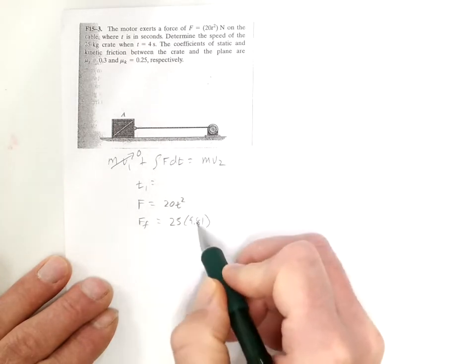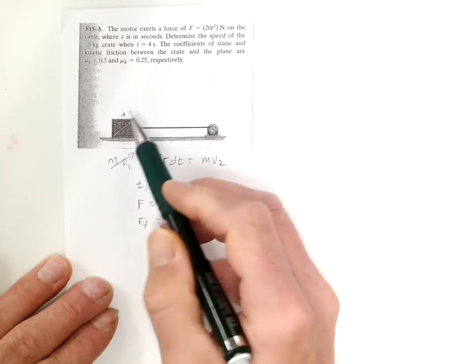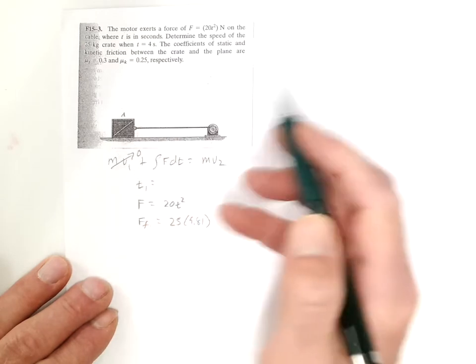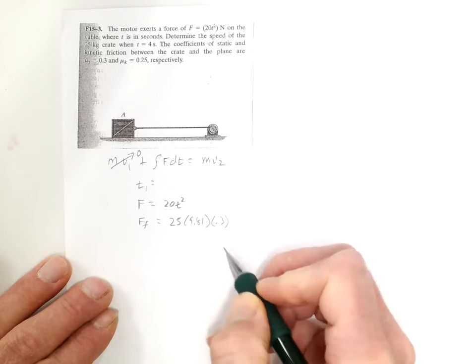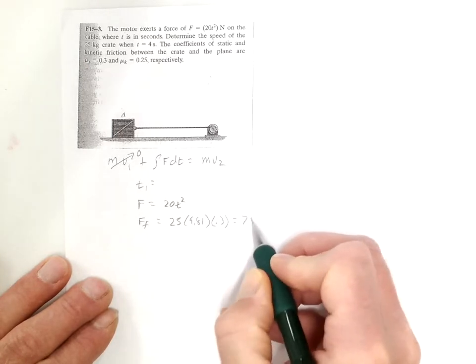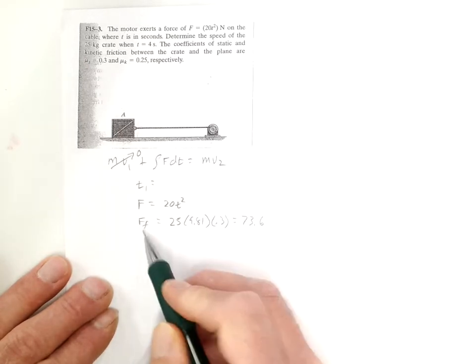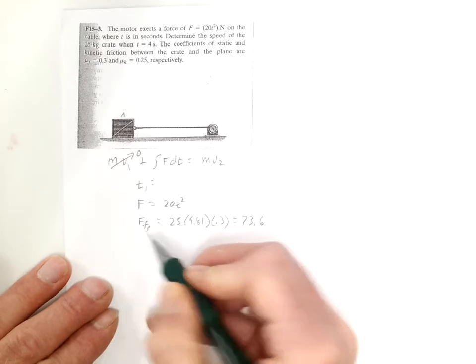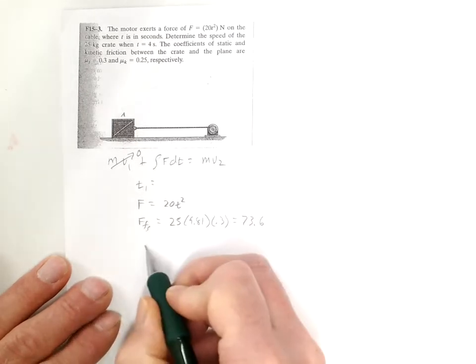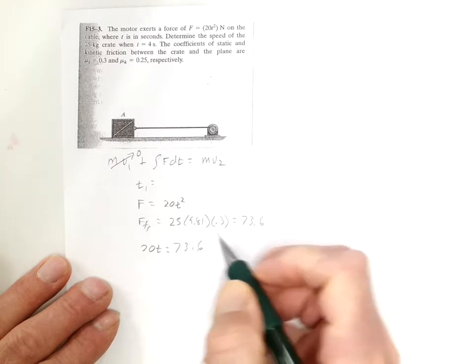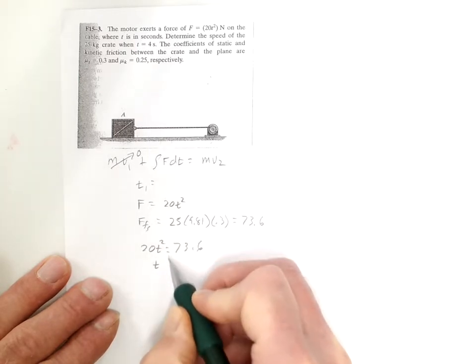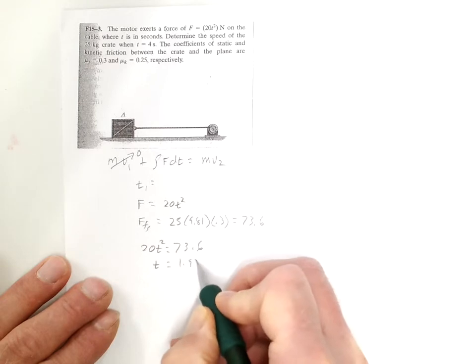That's the normal force because there's nothing pulling up or down, so the mg is equal to the normal. And 0.3 is the coefficient of friction. So we get 73.6 is the force of static friction. So 20t squared is equal to 73.6, and t squared is equal to 1.92.